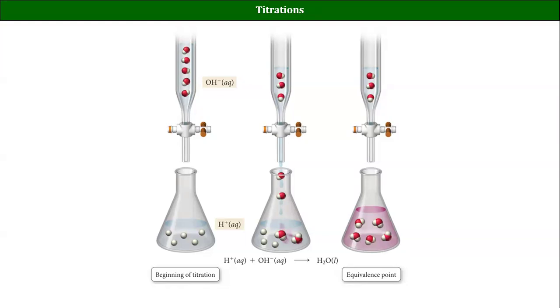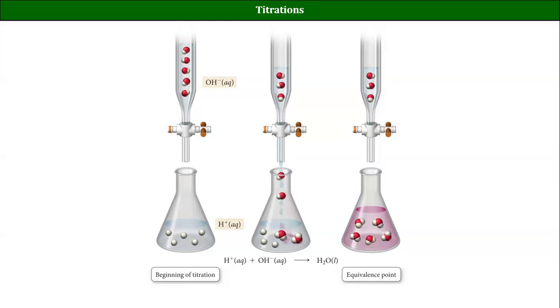And what we're going to do, the whole purpose for that, the reason why we put the valve on the bottom, is so we can add a variable amount of that hydroxide to a solution that has an acid in it. We're basically going to add enough of the hydroxide so that they totally cancel each other out.